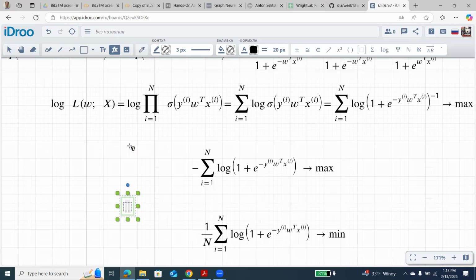So the goal is to minimize this function with respect to W. And under the hood, scikit-learn runs gradient descent, but with this function instead of MSE. I don't ask you to write this as we did for homework 3, but I hope you understand that it's pretty much the same. Take gradient of this function and update the weights.